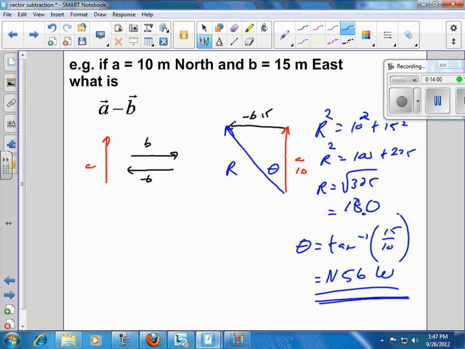Yeah, I got it. Remember, your calculator has to be in degrees. I've had a few people in the morning class whose calculator wasn't in degrees, so it has to be in degrees. So that would likely be worth 3 marks: one for the 56, one for the 18, and one for the diagram showing the flip. You need to show me I know how to do vector subtraction.